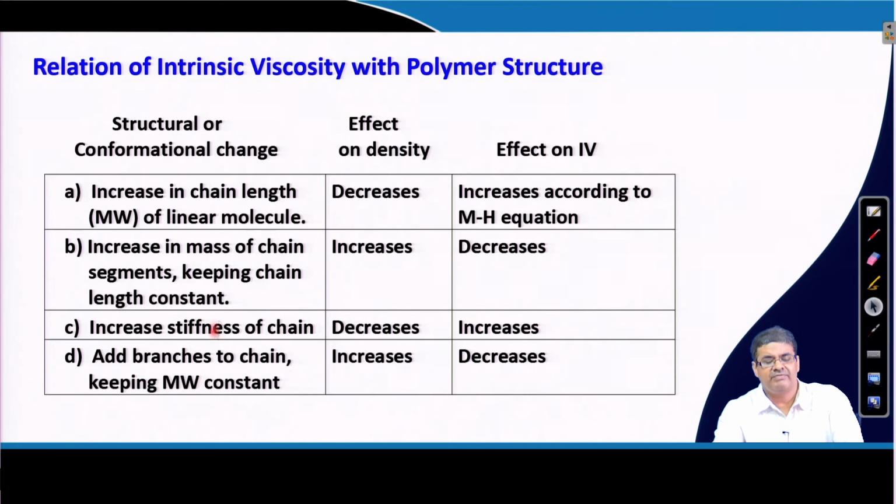If we increase the stiffness, the chain becomes more elongated, hence the intrinsic viscosity increases, density goes down, and as we discussed earlier, if we add branches keeping molecular weight the same, the density increases and intrinsic viscosity decreases.